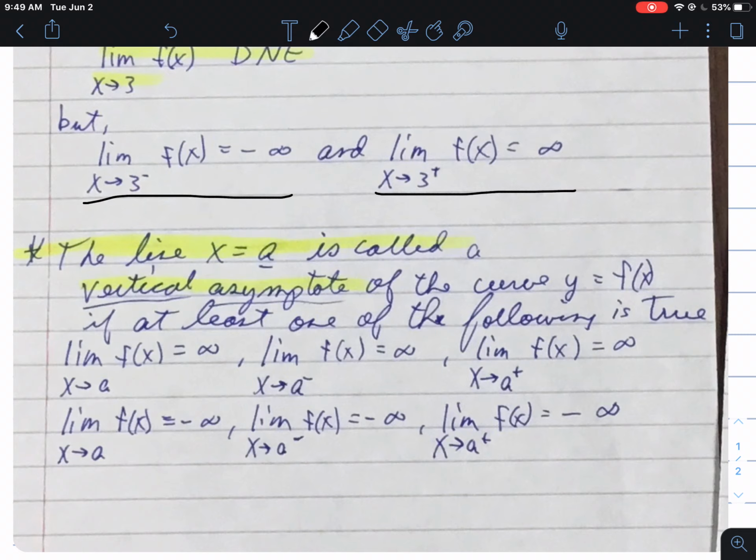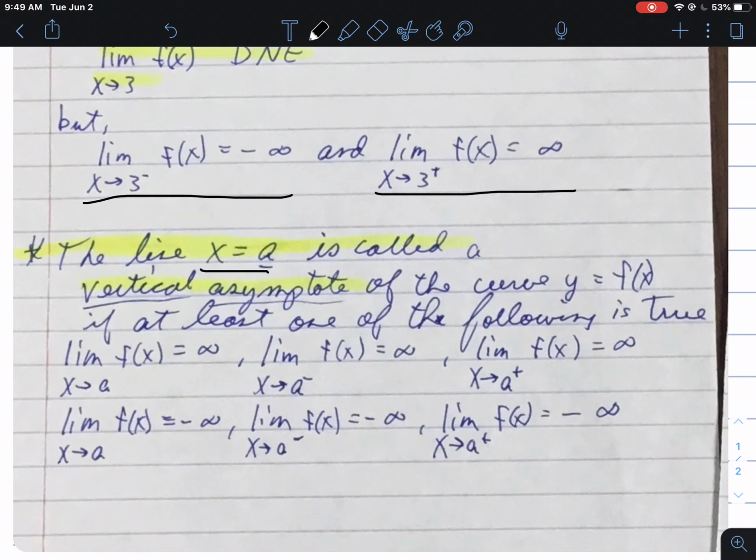We would have to justify the existence of a vertical asymptote using our limit definition. Now it's a vertical asymptote, so it is a vertical line. Remember vertical lines: x equals a number. So I would say that the line x equals a is called a vertical asymptote of our curve or of our function y equals f of x if at least one of the following statements is true.